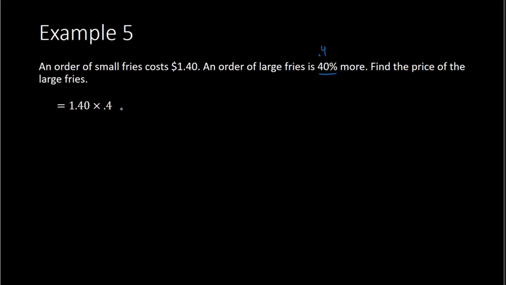So I have 1.4 times 0.4, and if you do that over here, we have 16, carry the 1, that's a 5. And then we have one number after the decimal here, one number after the decimal here. So then I add those together. There are two numbers after the decimal that I need for my solution. So the decimal goes right here before the 5, and my solution for that part is 0.56.